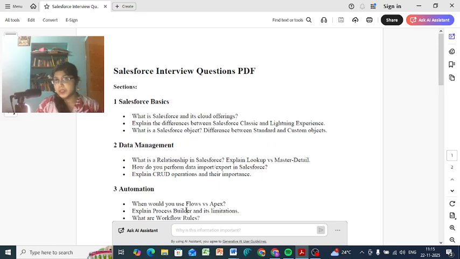The upcoming event with Salesforce is on 3rd of December.